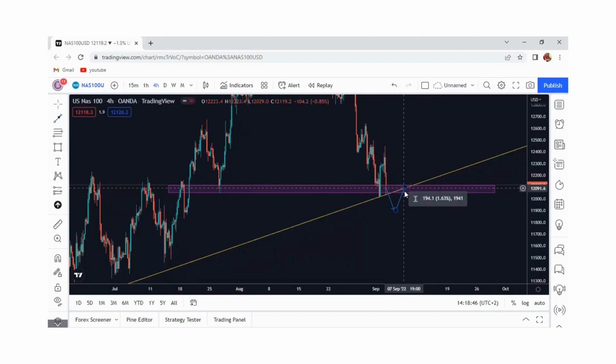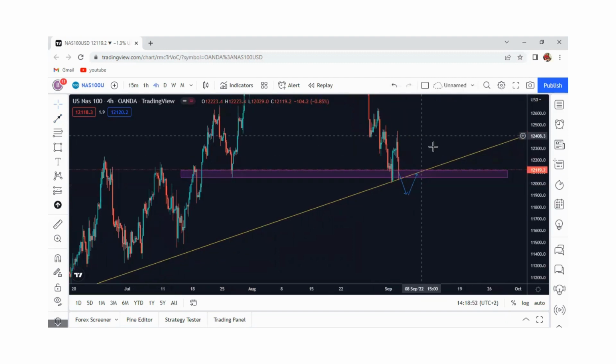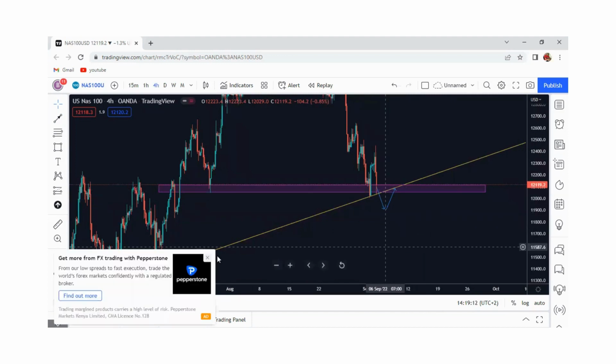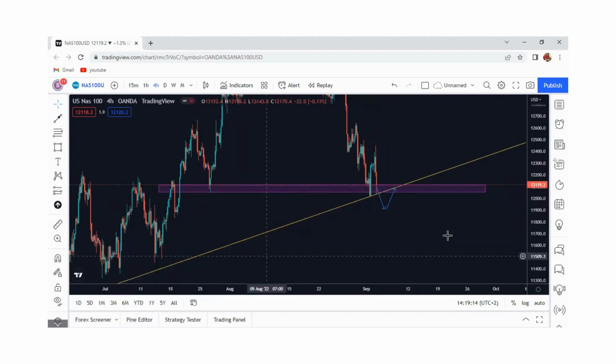Then that's when I know that we are going down. But if it doesn't break the zone here, I'm not looking for an entry. So the only way for me to look for an entry is if it breaks the zone and breaks this trend line, comes down, comes back for a retest, then that's when I'll be going in with my sell entries.